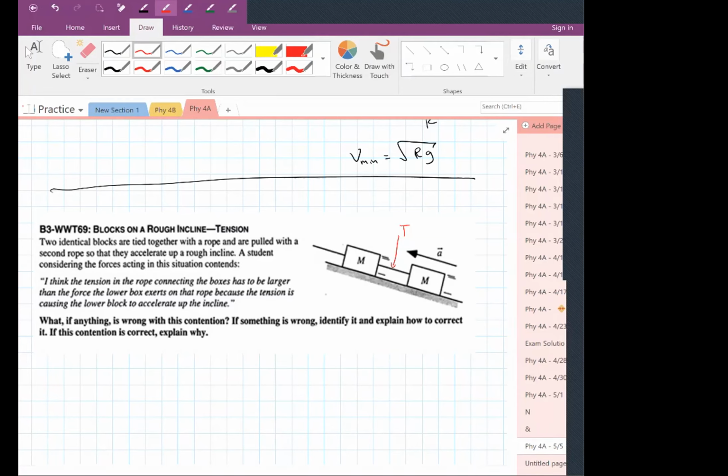So how about we let's walk through this one thing at a time. There's two ropes here, right? T1 and T2. Which one of those has to be bigger?